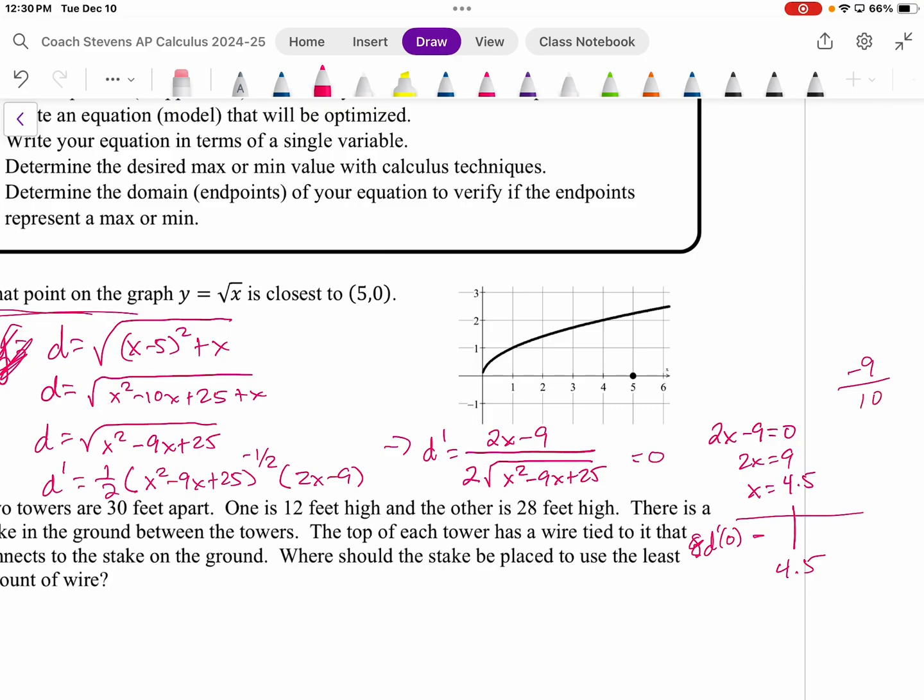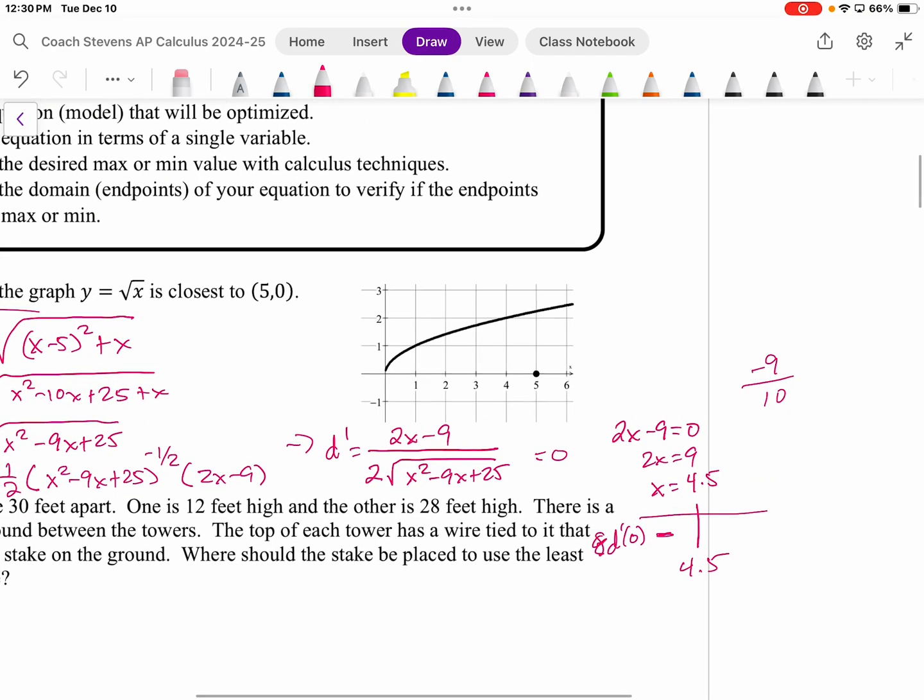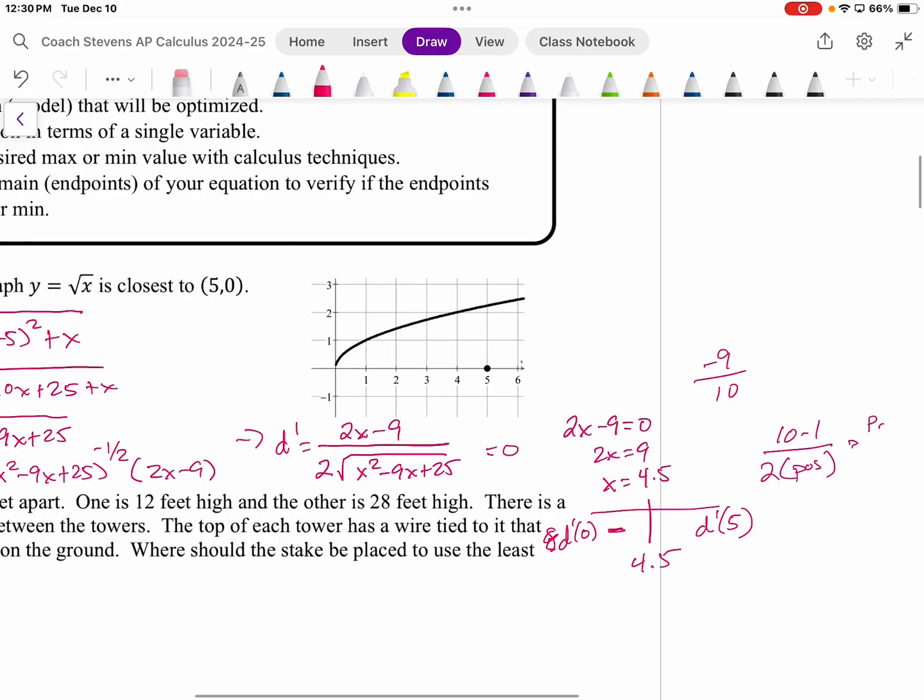So that's going to be negative on the left side. If I choose something bigger, I could choose 5. If I do d prime of 5, that would be 10 minus 9 on top over basically a positive number down there. So that's a positive over a positive, which is positive on the right side. So this is a min. That is the minimum value.